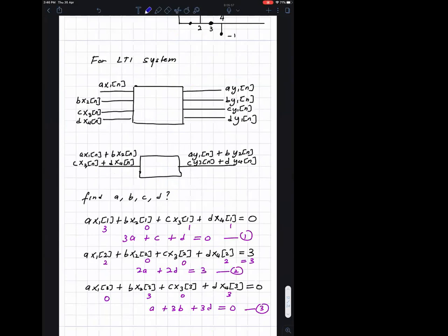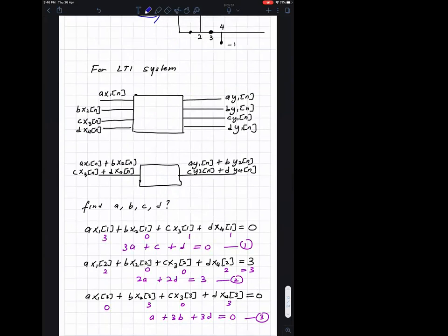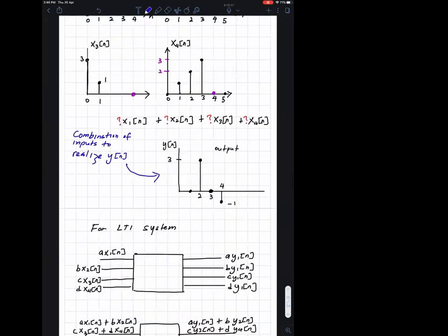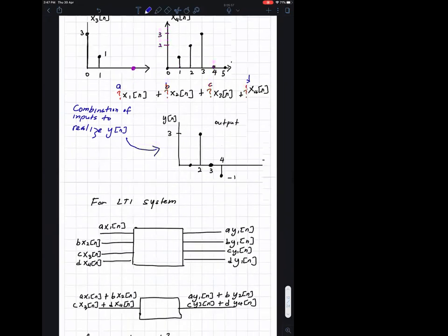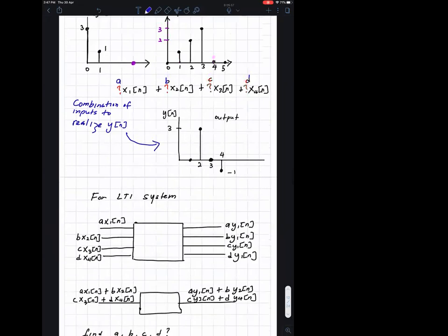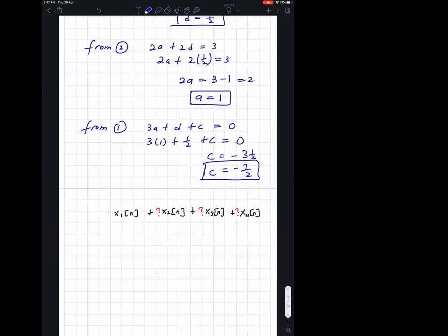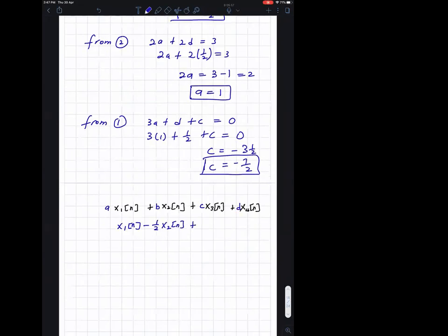We can just call these A, B, C, D. A is 1, right? So this was like A. C is minus 7/2 x3n.